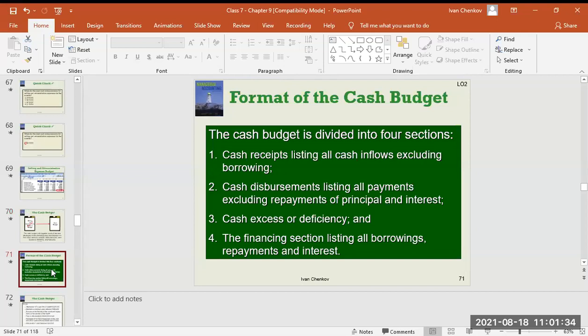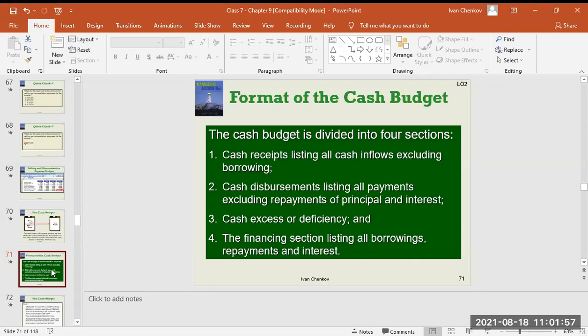Second will be cash disbursements, listing all the payments, excluding the repayments of principal and interest. Then we're going to have a calculation part, which is cash excess or cash deficiency. And the final part will be the financing section, which is listing all the borrowings or repayments and interest.